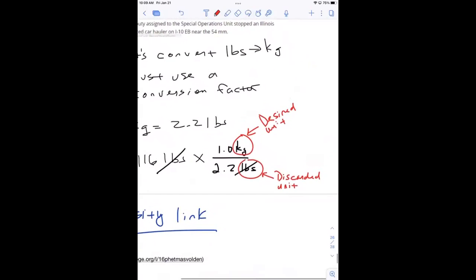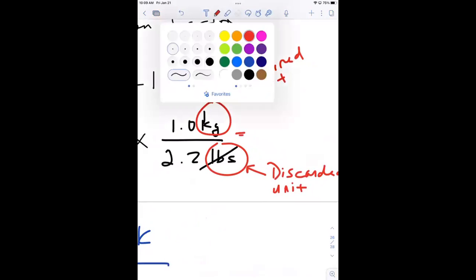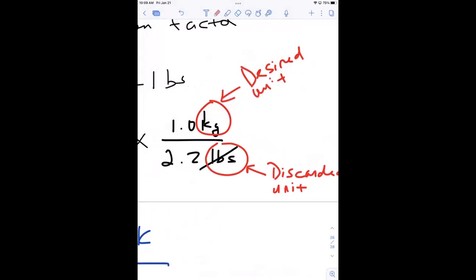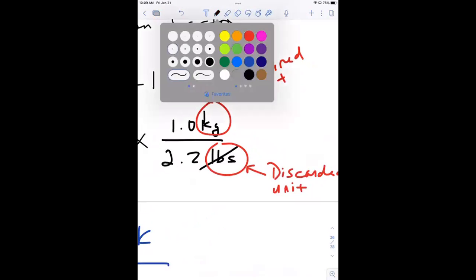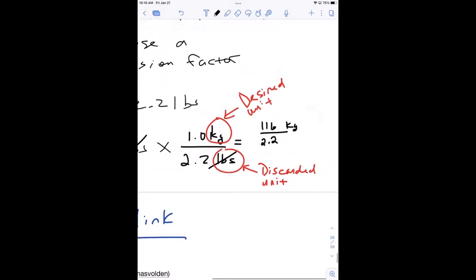All right. So now it's just a simple operation of dividing, 116 divided by 2.2.